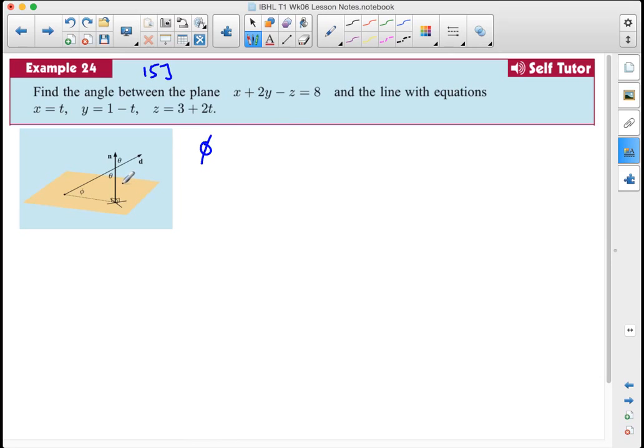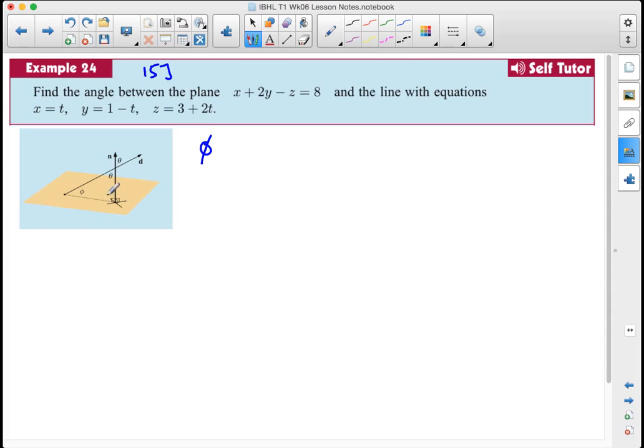And what we can do is find the normal of the plane, and we have the direction vector of the line, and what we can do then is find the angle theta.